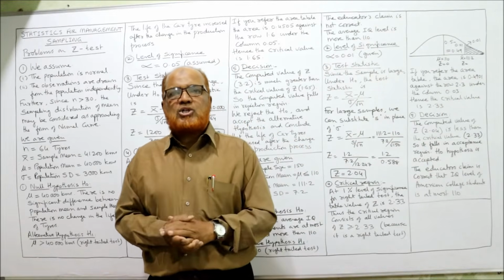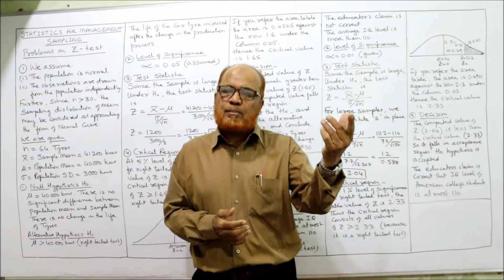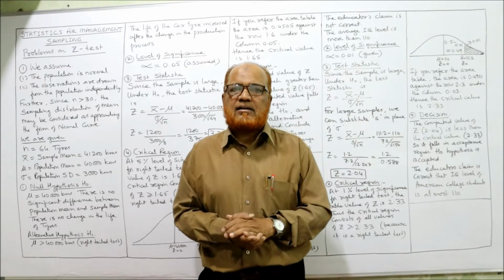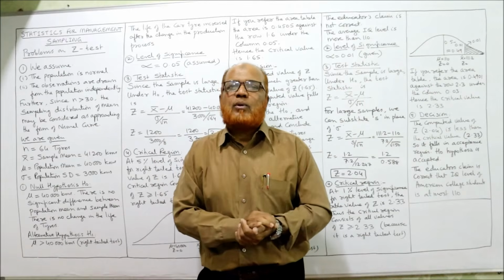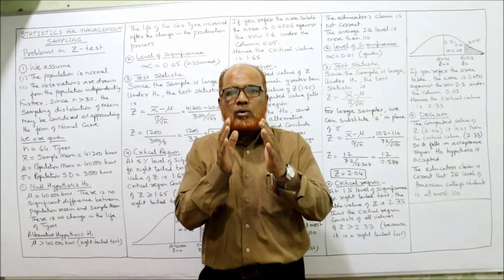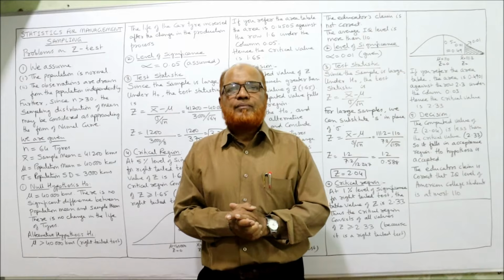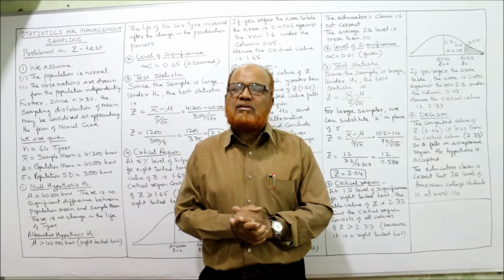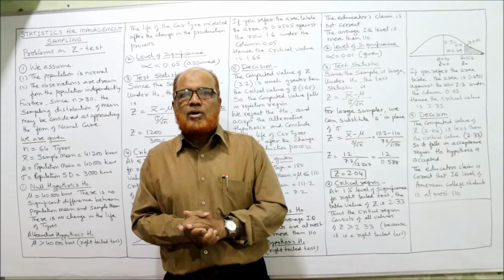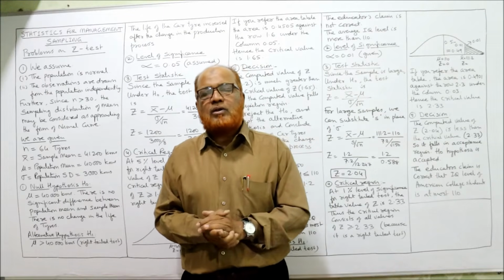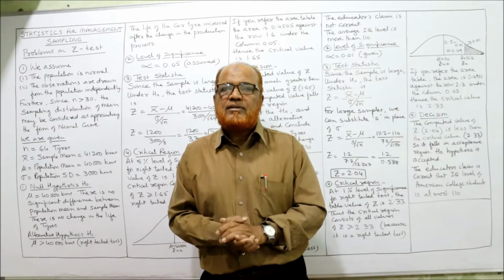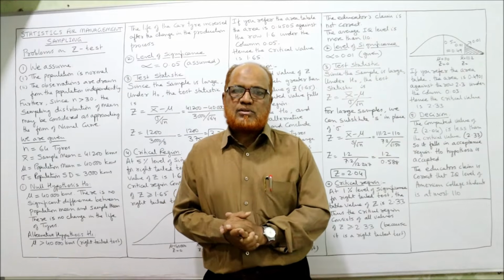For example, what is population, what is sample, what is population parameter, what is sample statistic, what is hypothesis, and what are the steps involved in hypothesis testing. Without understanding the theory, you should not come to the problem. Otherwise, it will be very difficult for you. So follow my suggestion. If you want a complete grasp on the subject, first watch the theory videos, then come to the problems.